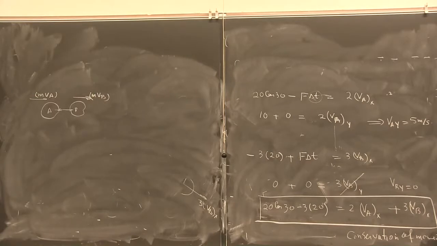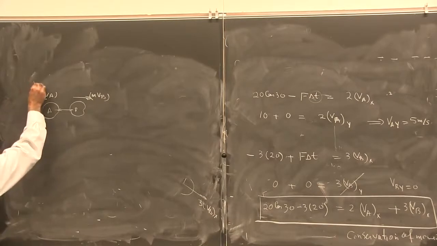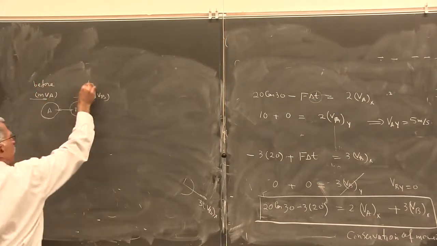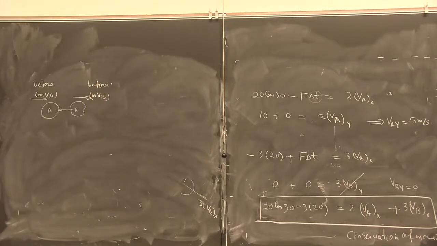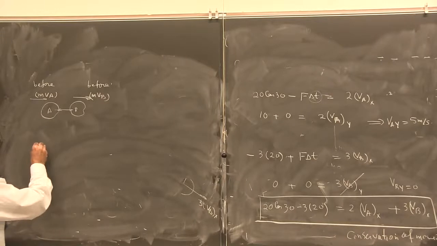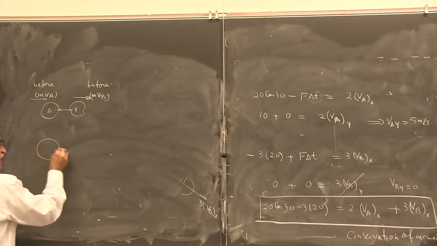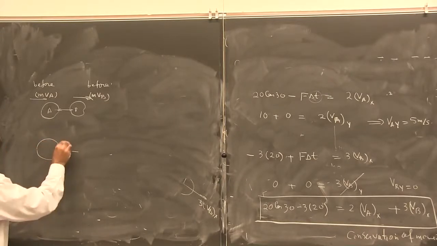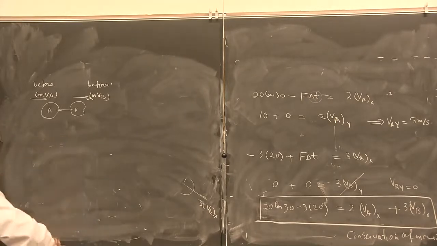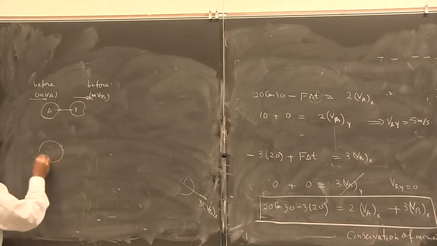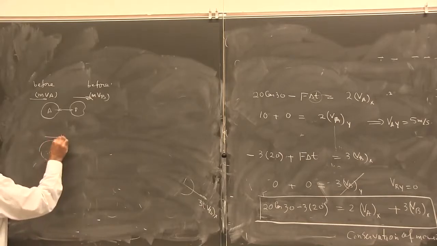And the collision happens. This is the momentum before the impact. Now the collision happens, and then there is some P delta t happening here. So you have the momentum of particle A, mVA.